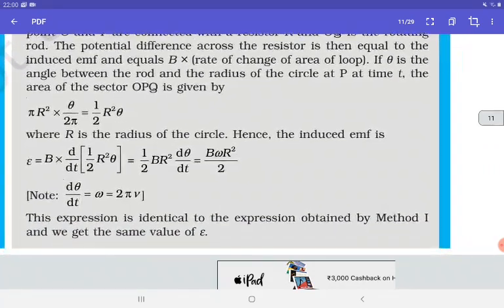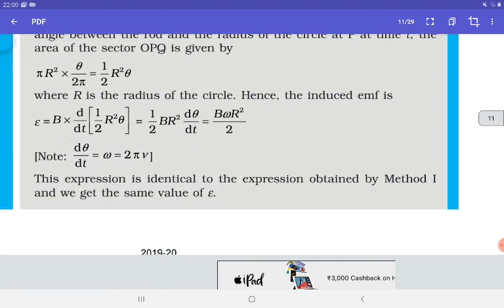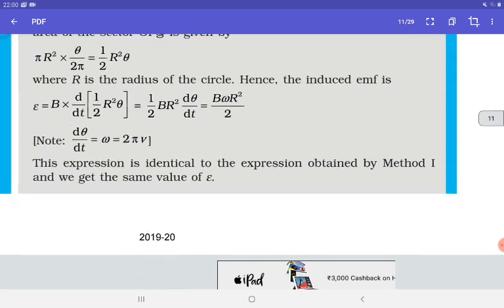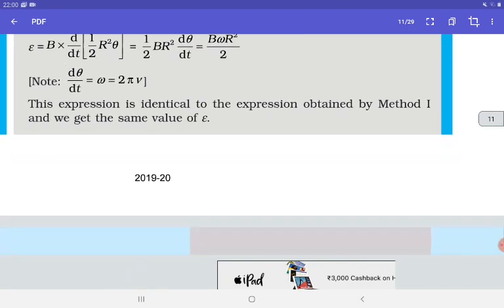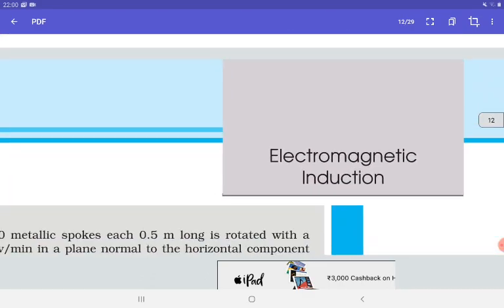If theta is the angle between the rod and the radius of the circle at P at a time t, the area of the sector OPQ is given by pi r squared into theta divided by 2 pi, that is half r squared theta, where r is the radius of the circle. Hence induced EMF epsilon equals B d by dt of half r squared theta, so half B r squared d theta by dt. This expression is identical to the expression obtained by method 1 and we get the same value of epsilon.